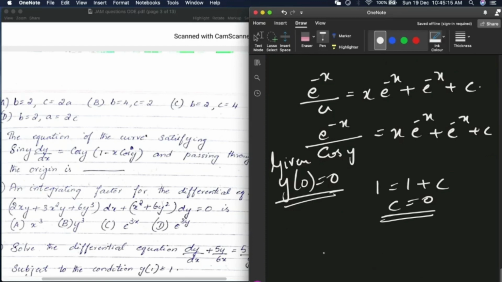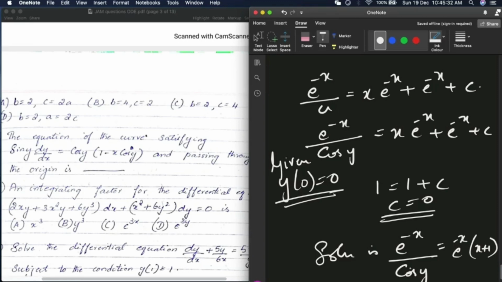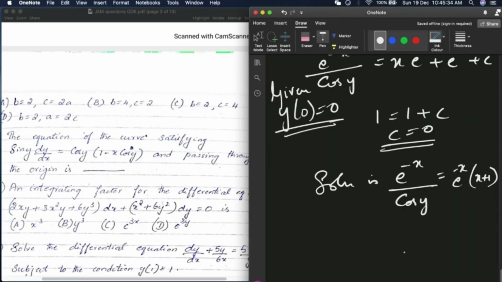So your solution is e raised to minus x by cos y equals e raised to minus x into (x plus 1). c is 0, so I can simplify this. e raised to minus x cancels, so you can write sec y is equal to x plus 1.